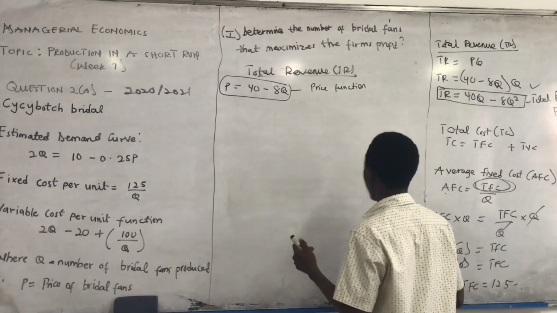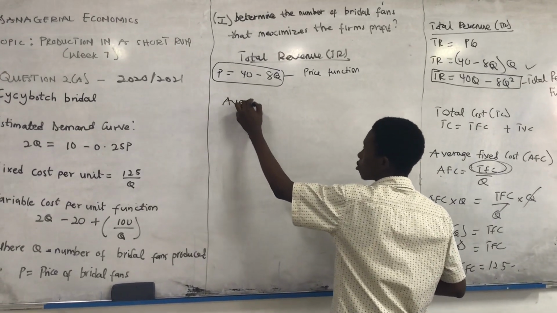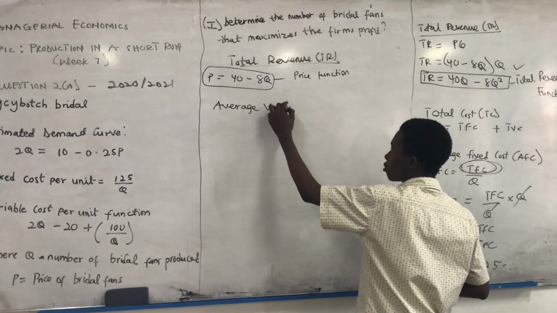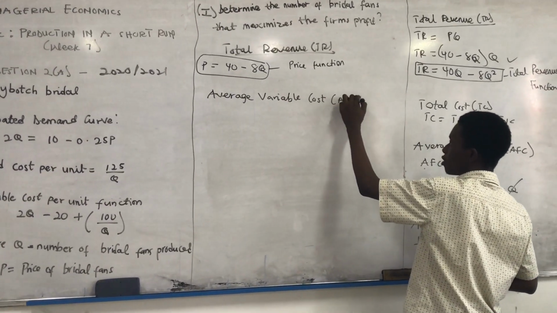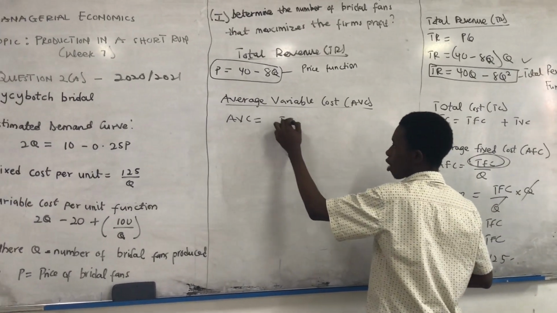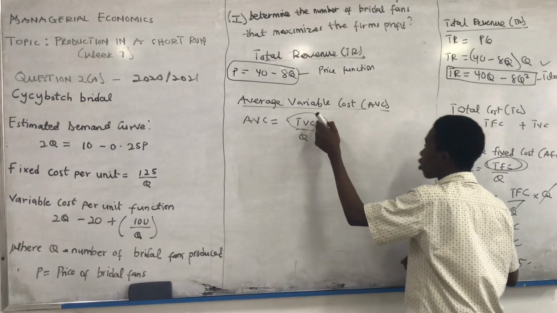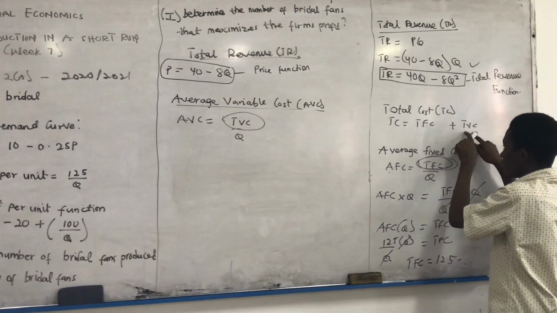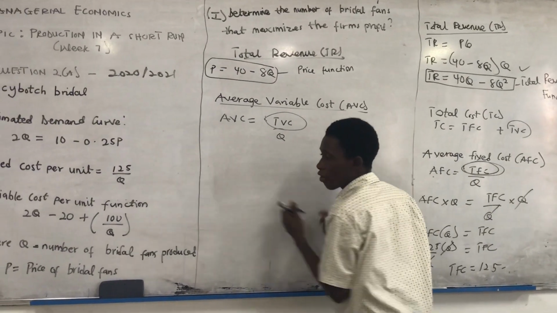Are you good? So in order to get the total variable cost, this is our average variable cost, AVC. AVC, average variable cost, is total variable cost over quantity. Now, you are looking for total variable cost based on the formula here. This formula needs total variable cost, not average variable cost. But we are given average variable cost in the question.